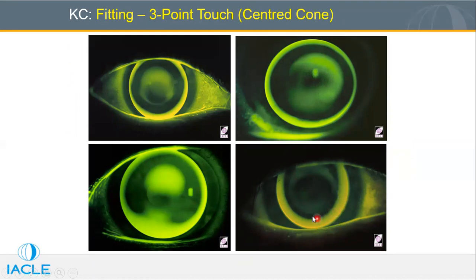So this is a kind of apical bearing है, not very clear here. ठीक है, but the point is that this apical touch would be according to the steepest part of the cornea. It is not always going to be in the center. It differs according to the type of the cone.